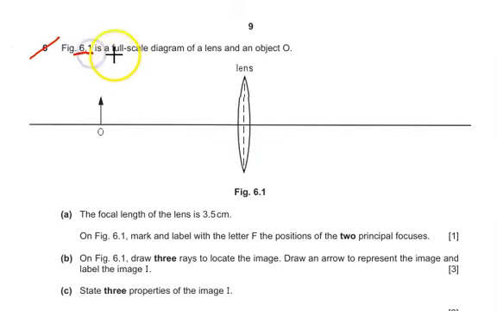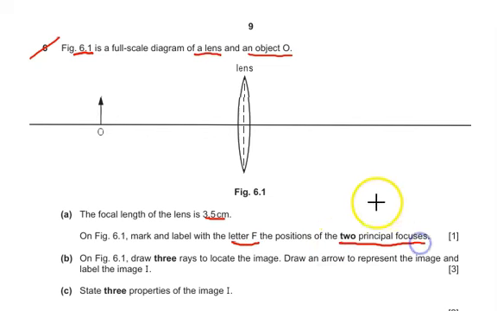Figure 6.1 is a full-scale diagram of a lens and an object O. The focal length of the lens is 3.5 centimeters. On figure 6.1, mark and label with letter F the position of the two principal focus.